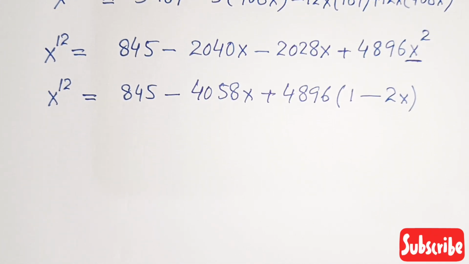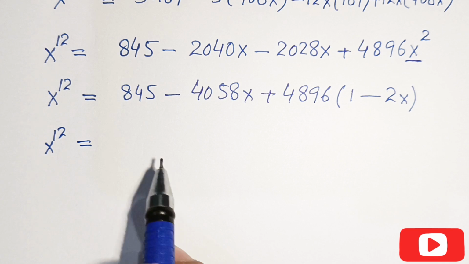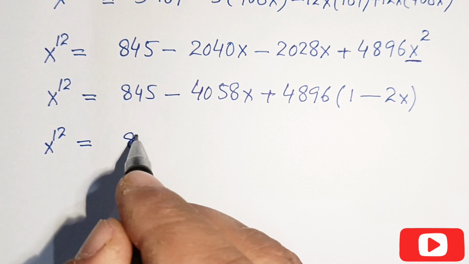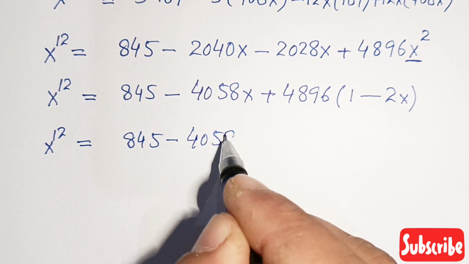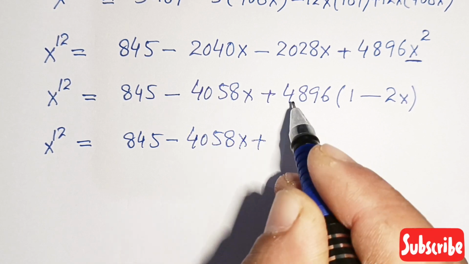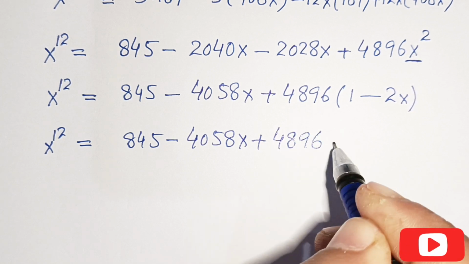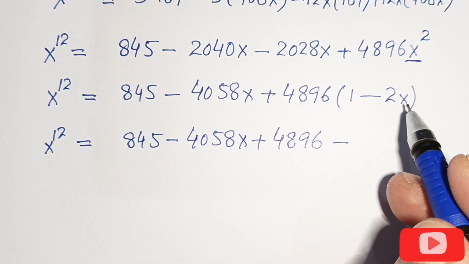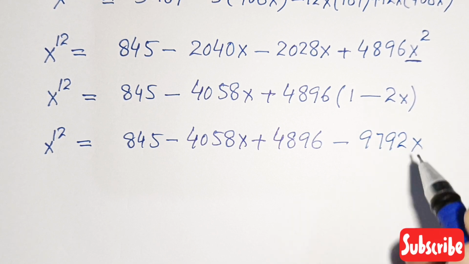So here we have x to the power 12 is equal to 845 minus 4058x plus 4896 times 1 is 4896, and minus 4896 times 2, we get 9792x.